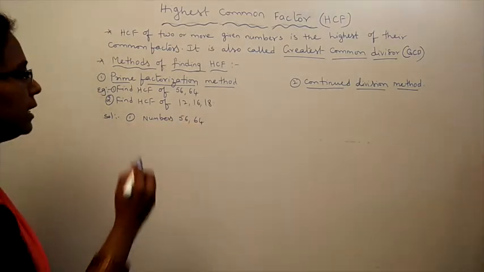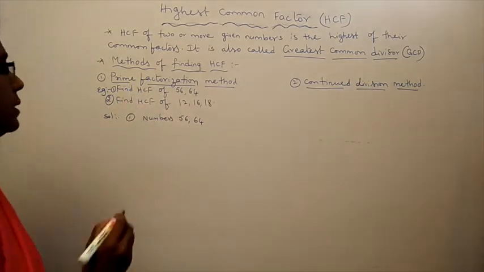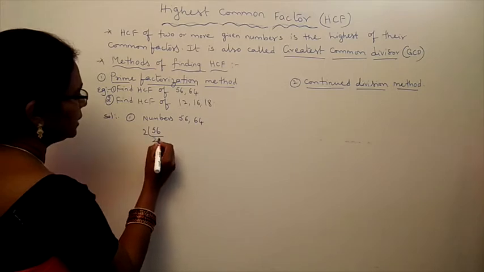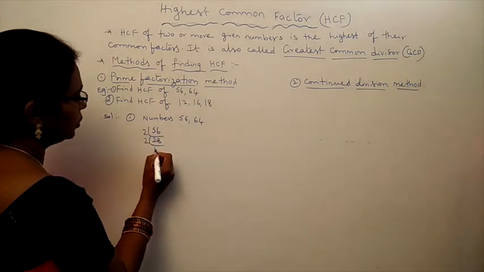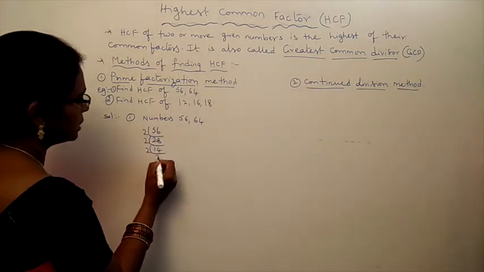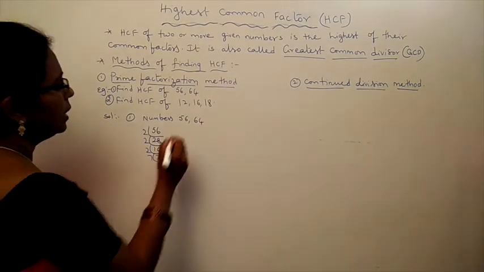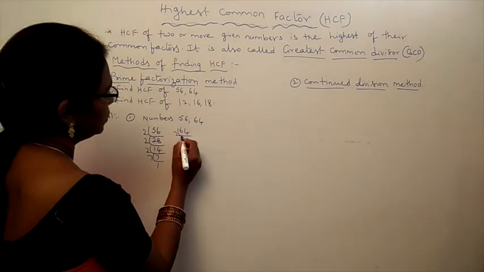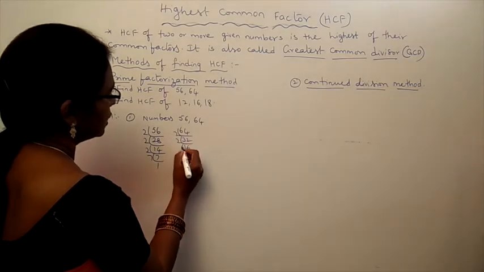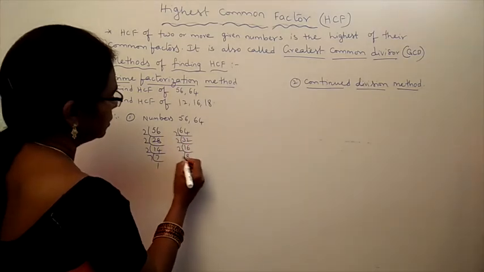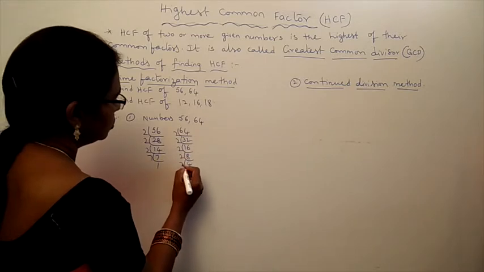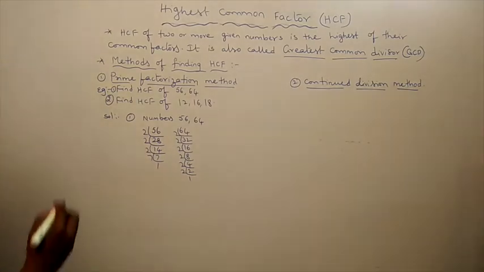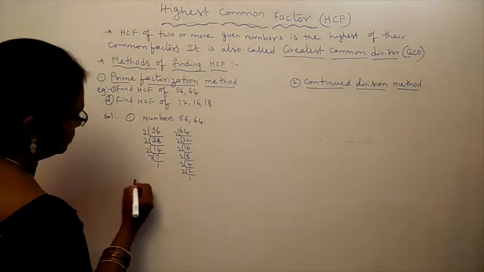Now we have to write the prime factors of those numbers. 56: 2 twos are 28, 2 twos are 14, 2 sevens are 14. Like that 64 also: 2 thirty-twos, 2 sixteens, 2 eights, 2 fours, 2 twos, 2 ones.